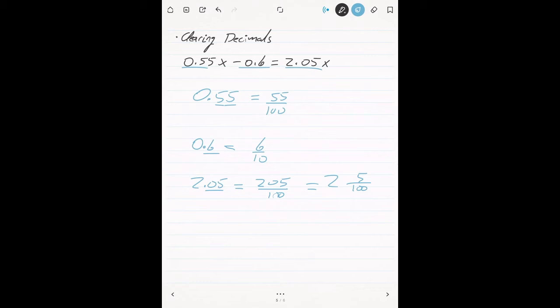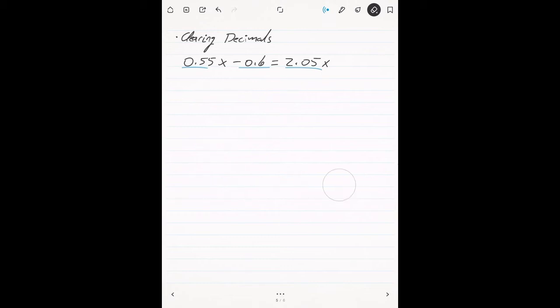So anyways, in this case, let's go ahead and just rewrite these. In terms of fractions, the equation is really 55 over 100 x minus 6 over 10, and I'll write 205 over 100 x.